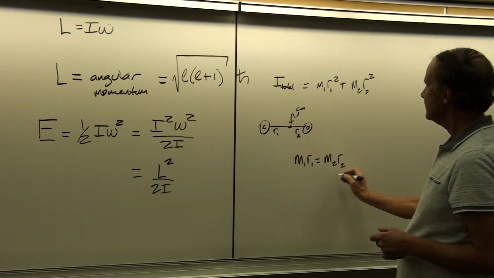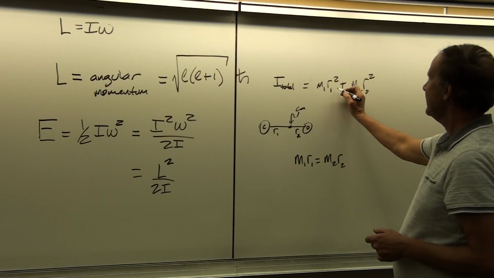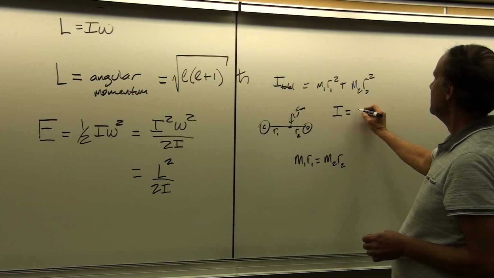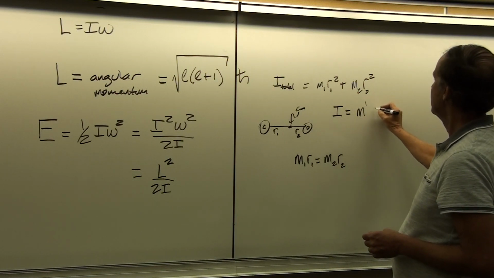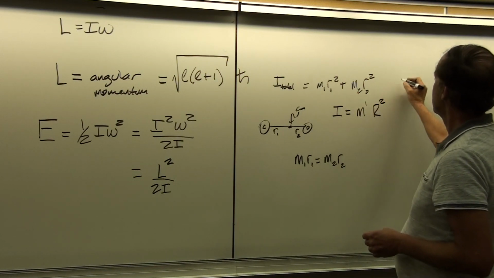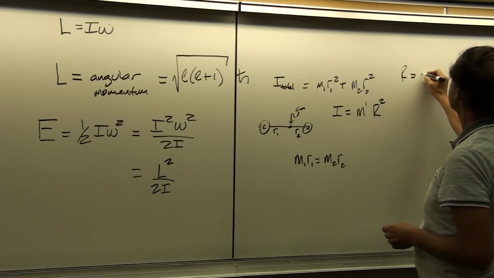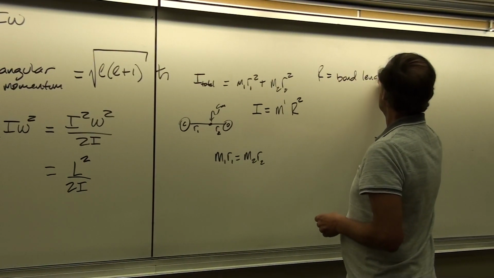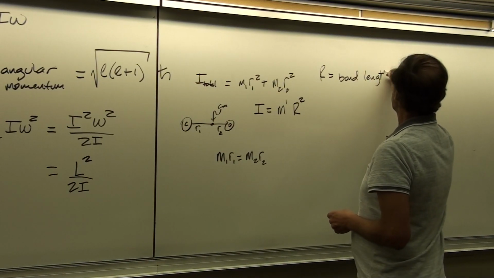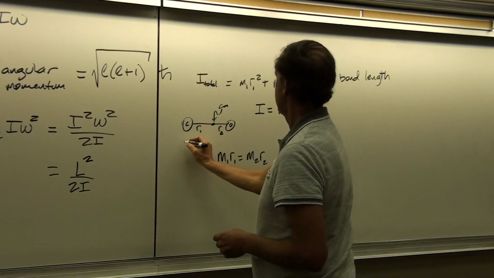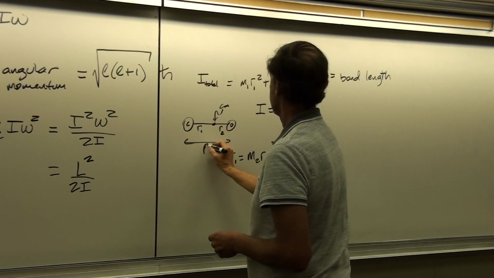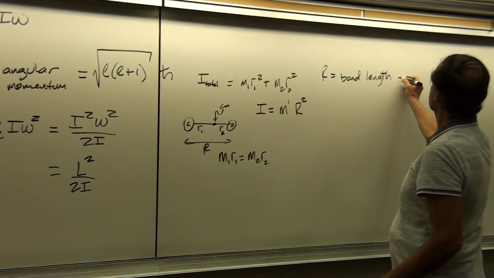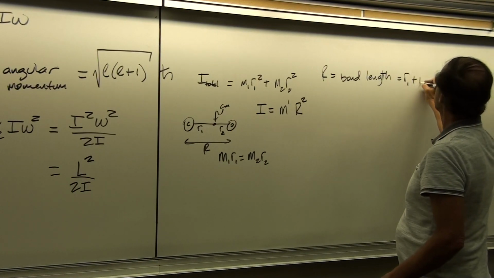So we can take this expression, plug it into that expression, and do a little bit of math, and what we end up with is M prime times big R squared, where big R is equal to what we call our bond length, and big R from this picture here is just R1 plus R2.